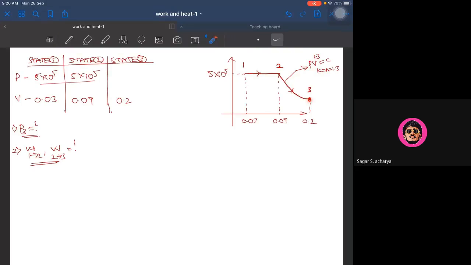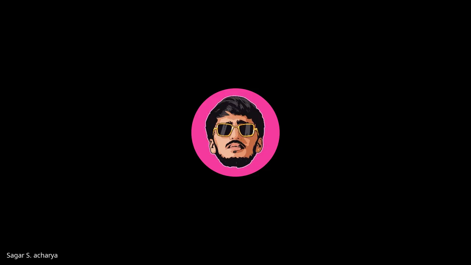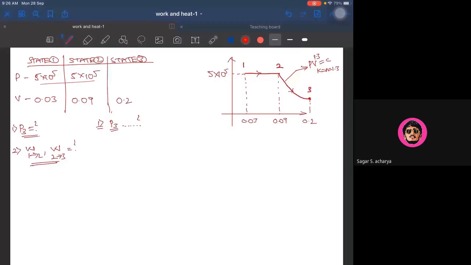You need to find the pressure at state 3. Any idea how to find this? We have to use the formula P2 V2 minus P1 V1 by 1 minus n. Exactly, you have to use the formula known as the PVT conversion equations.